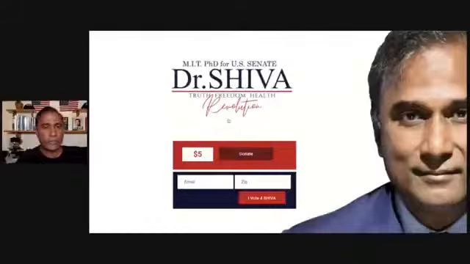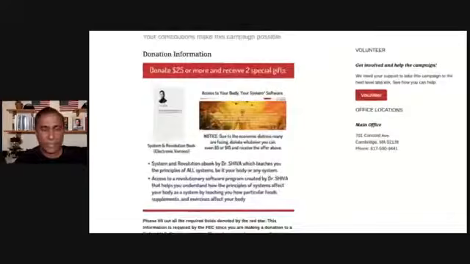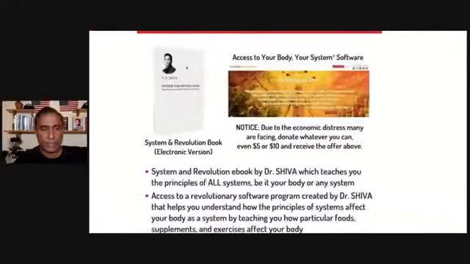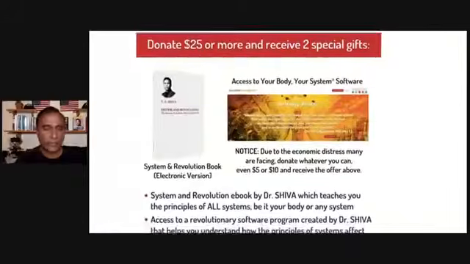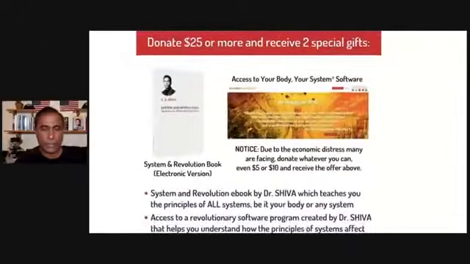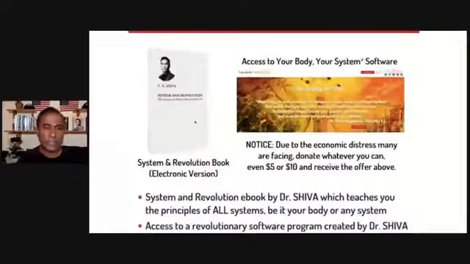Now, those of you in the United States can click on the donate button, and you can support yourself and the campaign. It's a reciprocal relationship where by donating to the campaign, ideally you can donate $25. If you can't, you can do whatever you can. But the goal is, Systems and Revolution is a book that helps you understand molecular systems, control systems.